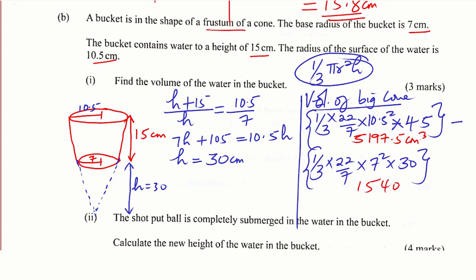This is centimeters cubed. So now, getting the volume of water, we get the volume of the bigger cone, 297.5, subtract the volume of the smaller cone.